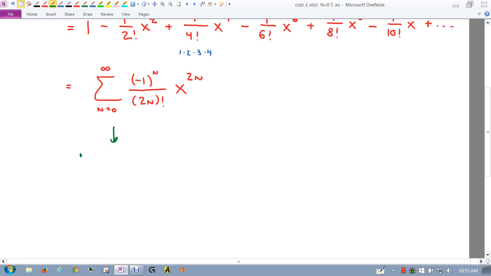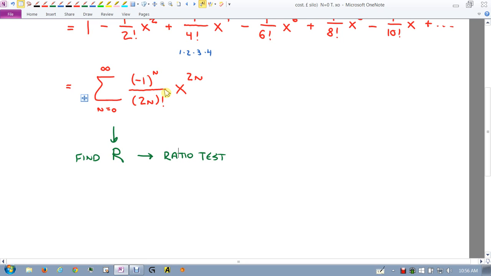To find the radius of convergence, capital R, you would do the ratio test on this. Remember what the ratio test was? Limit as n goes to infinity. You plug n plus 1 into this, divide it by plugging n into this, and you need that less than 1, absolute value.